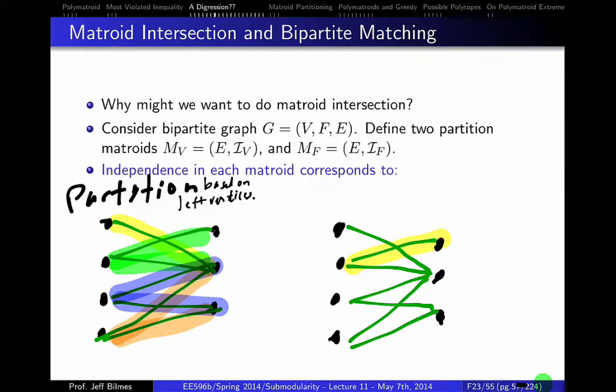There's the yellow block of the partition, the orange block of the partition, which is a pretty big block, and maybe the red block.